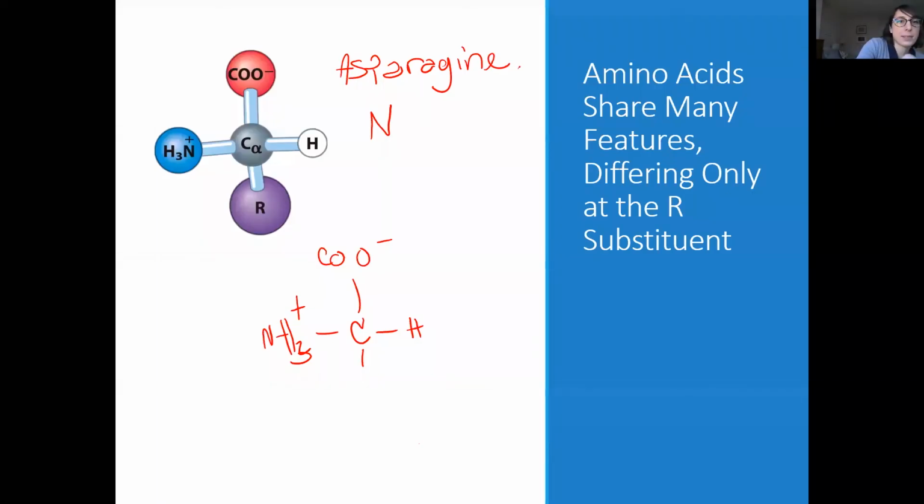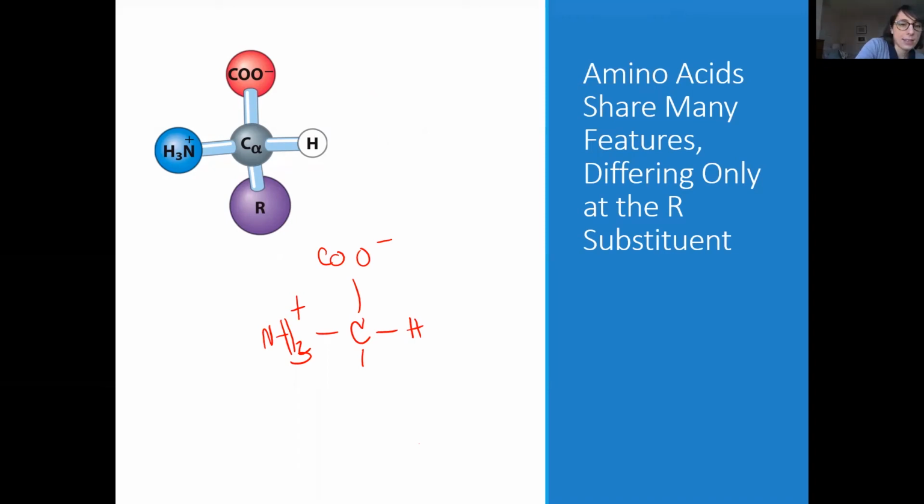Next up is going to be the elongated form of asparagine. So now we're going to write an extra CH2. So CH2, CH2, and then there is again an amide group with an NH2 here.